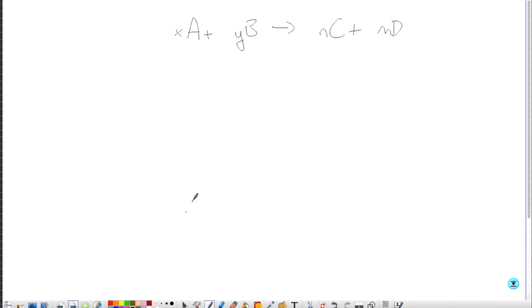We know that at equilibrium, rate forward equals rate reverse. Fair enough, right? That's what equilibrium means, that the forward rate and the reverse rate are the same. Now, I have rate laws for each of these. So the rate law for the forward was K forward times concentration of A, and now that I've added the coefficient in, that's A to the x times concentration of B to the y.